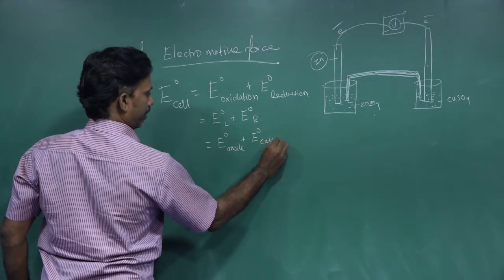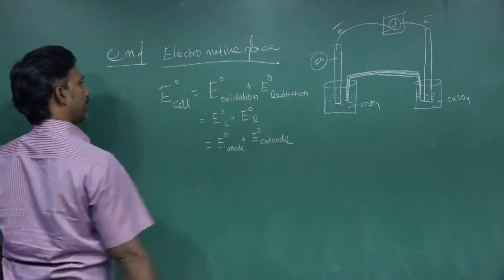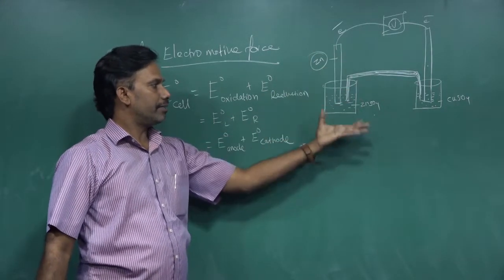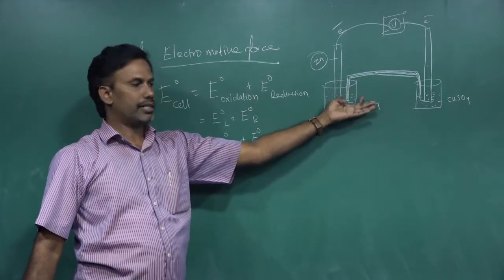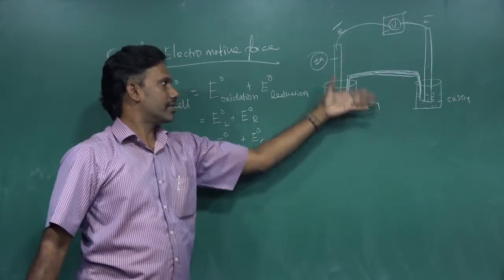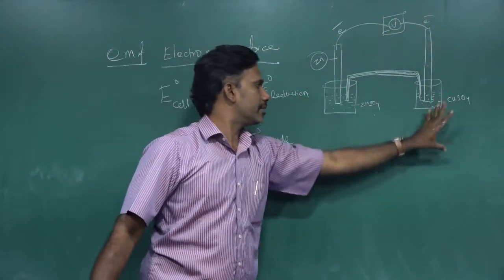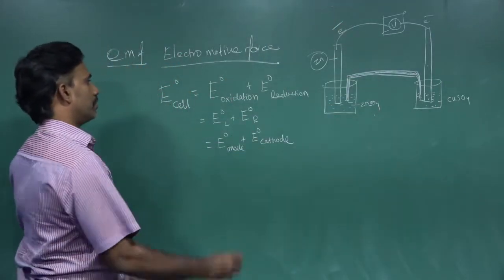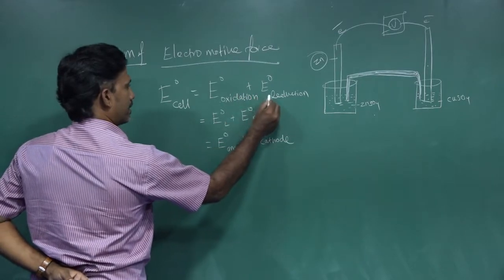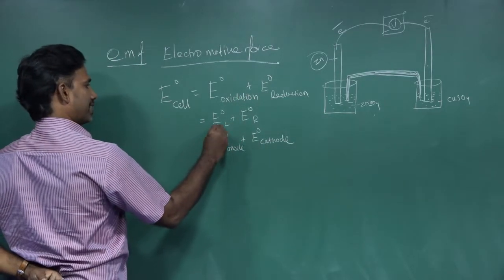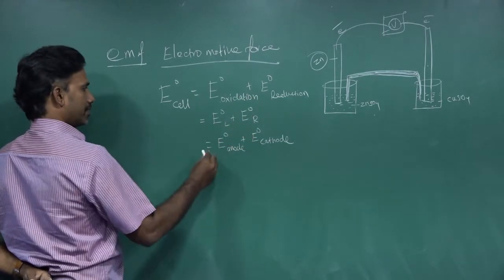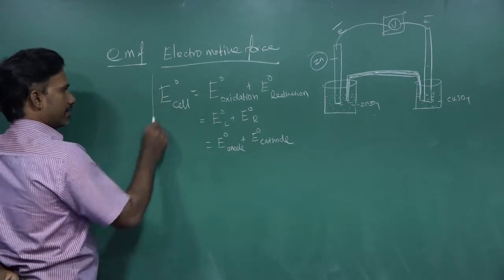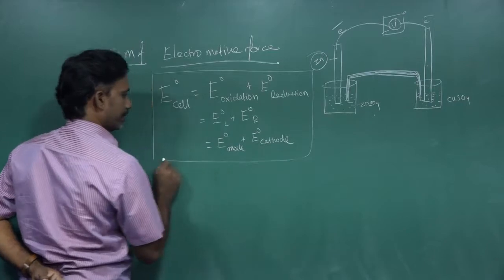These are the different ways you can write it. The cell potential is the sum of the potentials of the two electrodes. Here one potential will be there, here another potential will be there, and the total E cell is the sum of these two. That is why E oxidation plus E reduction, or E left and E right, or sometimes E anode and E cathode. Among these three formulas you can use any.